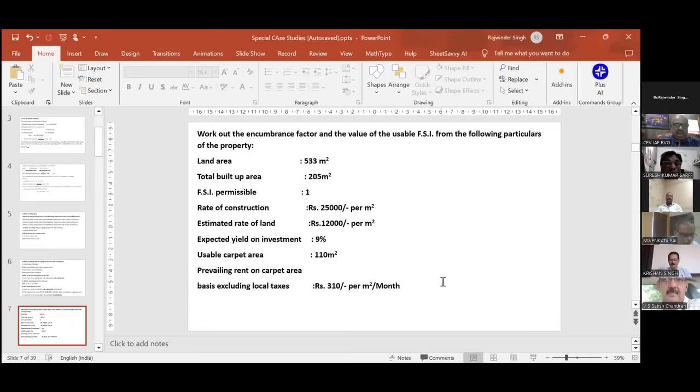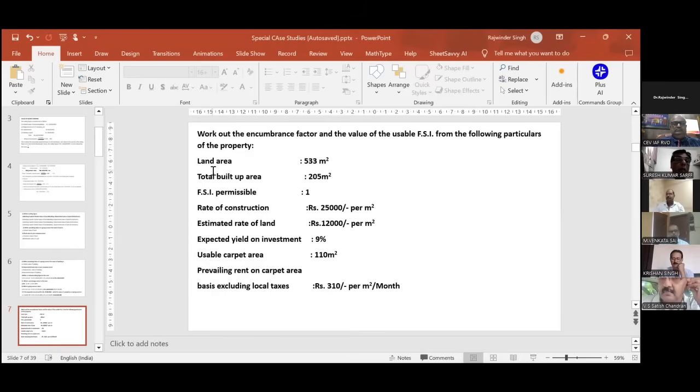So the next question is, work out the encumbrance factor and the value of usable FSI from the following particulars of the property. Land area is 533 square meter. Total built-up area is 205 square meter. FSI permissible is 1.